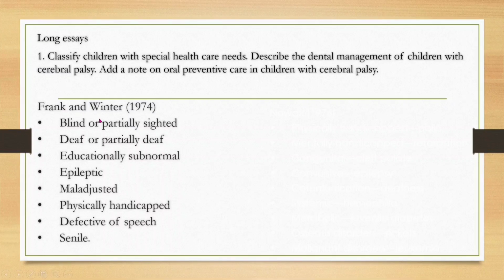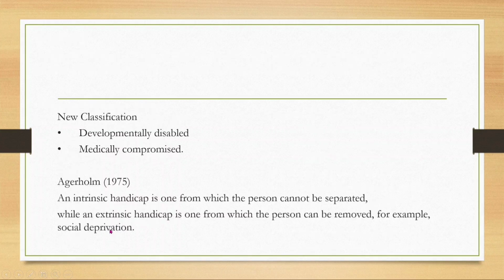So Frank and Winter classified the special healthcare needs as blind or partially sighted, deaf or partially deaf, educationally subnormal, epileptic, maladjusted, physically handicapped, defective of speech, and senile. New classifications: developmentally disabled or medically compromised. Agerholm classified an intrinsic handicap as one from which a person cannot be separated, while an extrinsic handicap is one from which a person can be removed, for example, social deprivation.